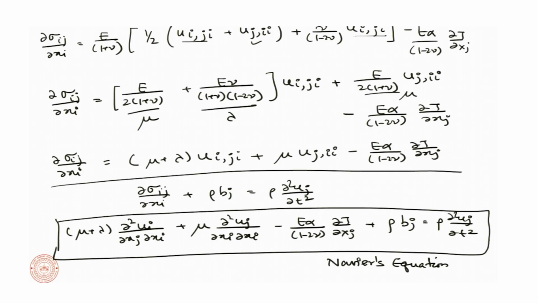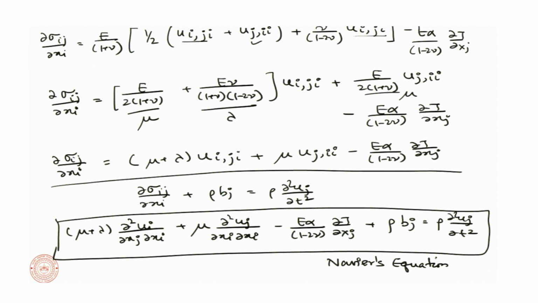Now let us replace this back into the original equation. So we will have, let us write it down one more time, del sigma_ij by del x_i plus rho b_j equals rho del square u_j by del t square.